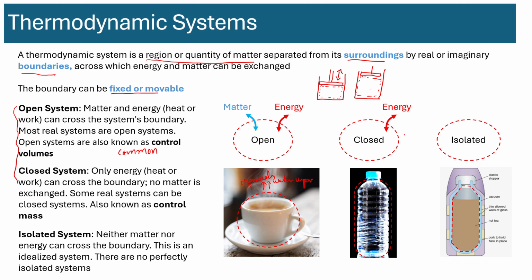Then there's a third system, which is basically an idealized system. It doesn't really occur in real life. It's not common, and that will be the isolated system. So there is no matter and no energy going across the boundary. It is hard to create or find such a system.